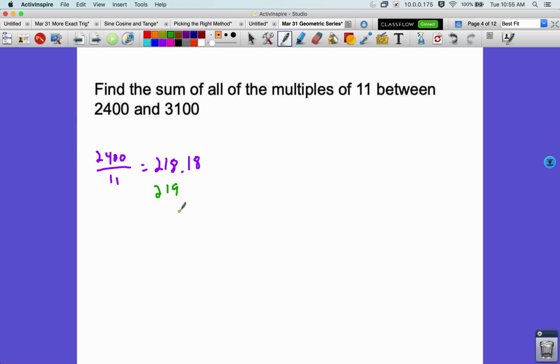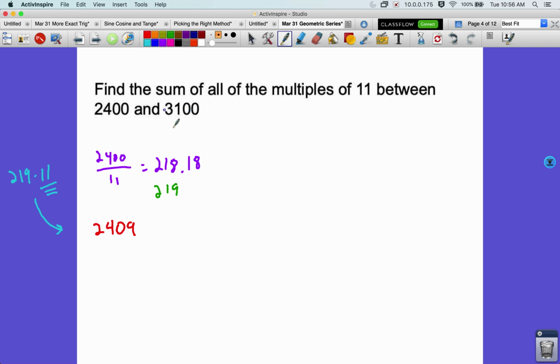I'm just going to do 219 times 11 to get that the next multiple of 11 greater than 2,400 is 2,409. That is a multiple of 11 greater than 2,400. Off to the side I'll even write that that is equal to 219 times 11. So it's a multiple of 11.